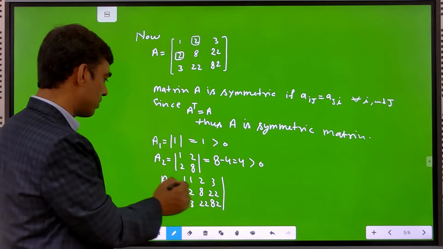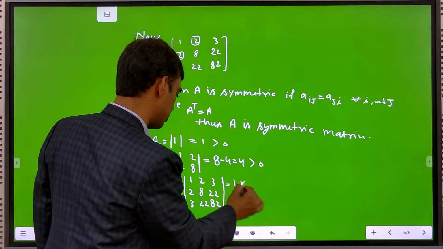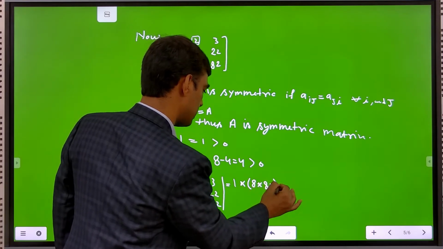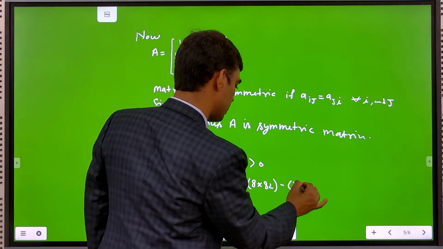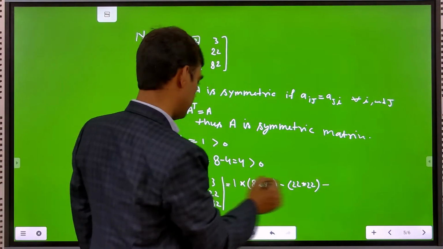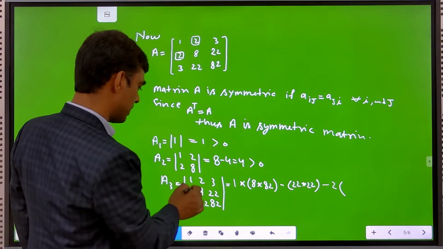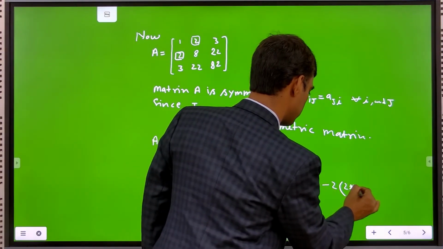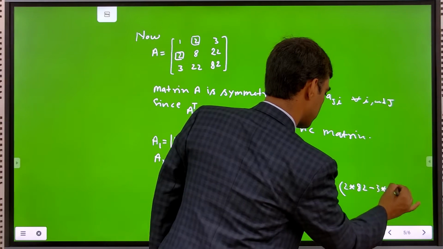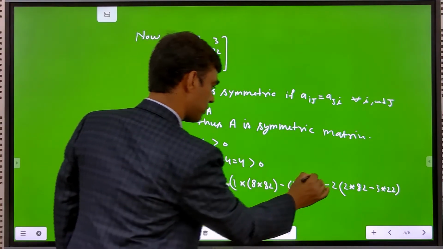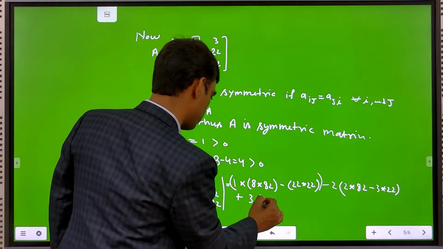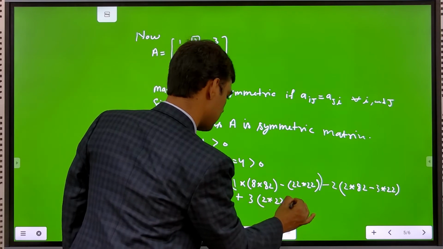Now we find the value of A3. It becomes 1 into (8 into 82 minus 22 into 22), minus 2 into (2 into 82 minus 3 into 22), plus 3 into the determinant of the remaining minor, which is 2 into 22 minus 3 into 8.